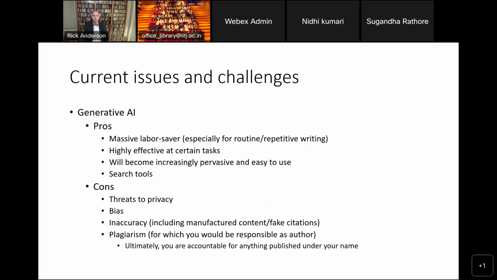On the other hand, of course, it can be used to defraud or to misrepresent work that you did not do as your own work.